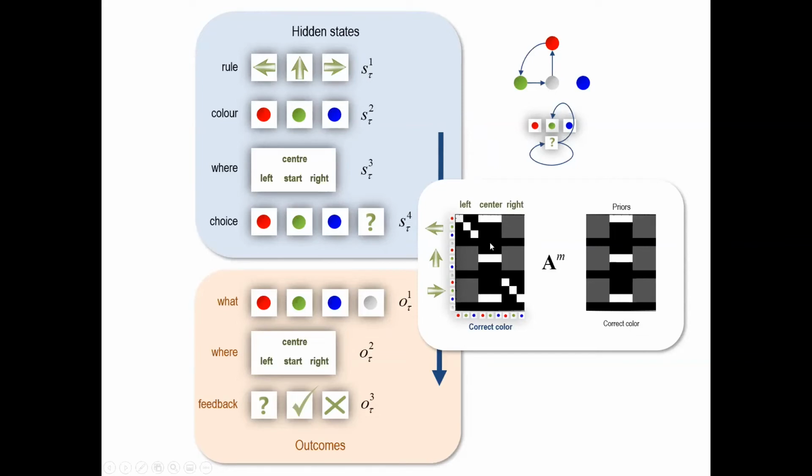So for example, if there is a red in the center location, or if I was looking at the center location and I saw red there, then there's only a lawful relationship between the correct color and the color at that location on the left-hand side.